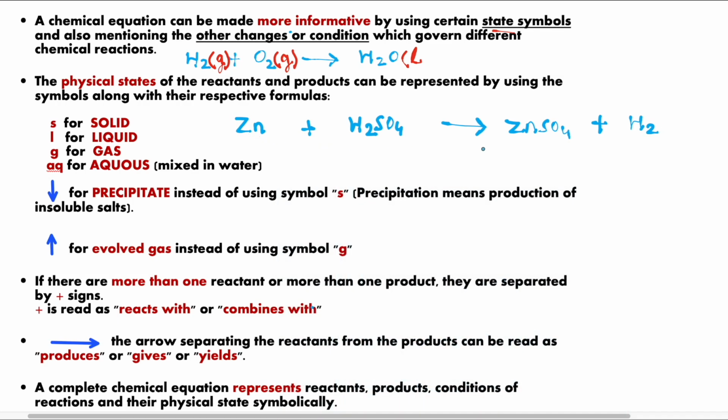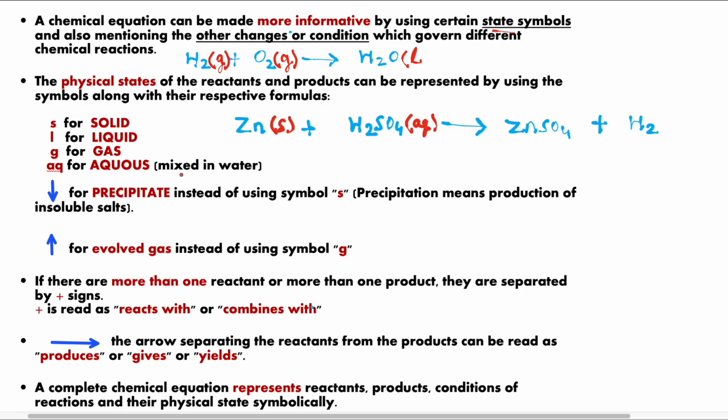So this chemical equation is made more informative by using certain state symbols. Zinc is a solid in state. It combines with dilute sulfuric acid. Dilute sulfuric acid means water is present in the sulfuric acid, so we write aq. Aq means aqueous.